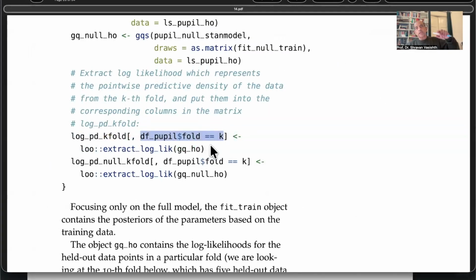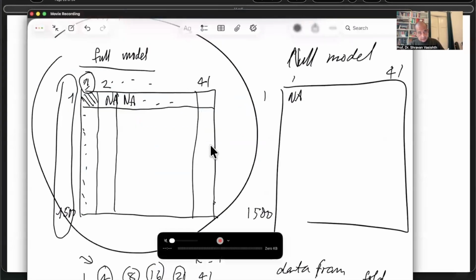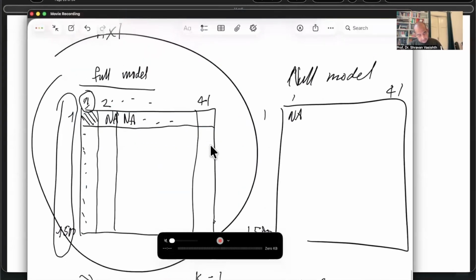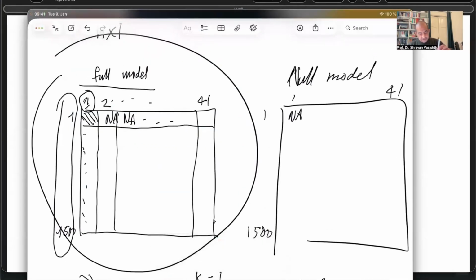So this empty matrix here is going to get filled in partially with the four data points in the first iteration. Now you can imagine what's going to happen. As we iterate through the for loop, we're going to do this 10 times, so we'll go through folds 1 to 10.